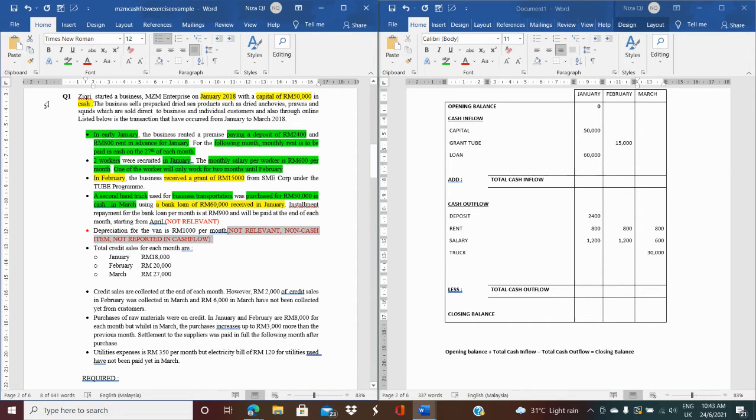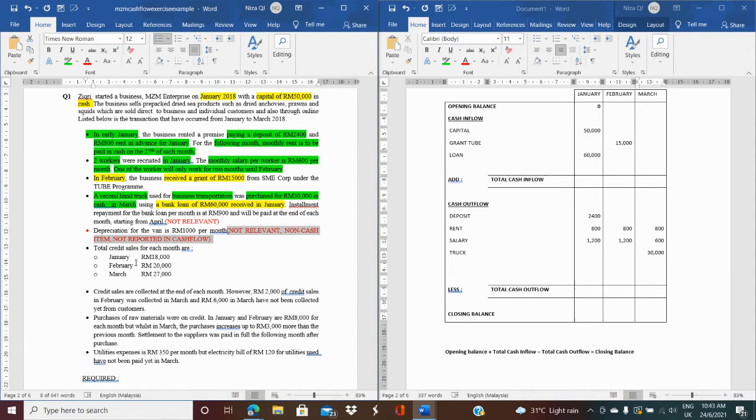So now look at the condition of the sales collection. This is stated with the following information. The condition for the credit sales is that credit sales are collected at the end of each month. Customer will pay later, but usually it's going to be settled at the end of each month.